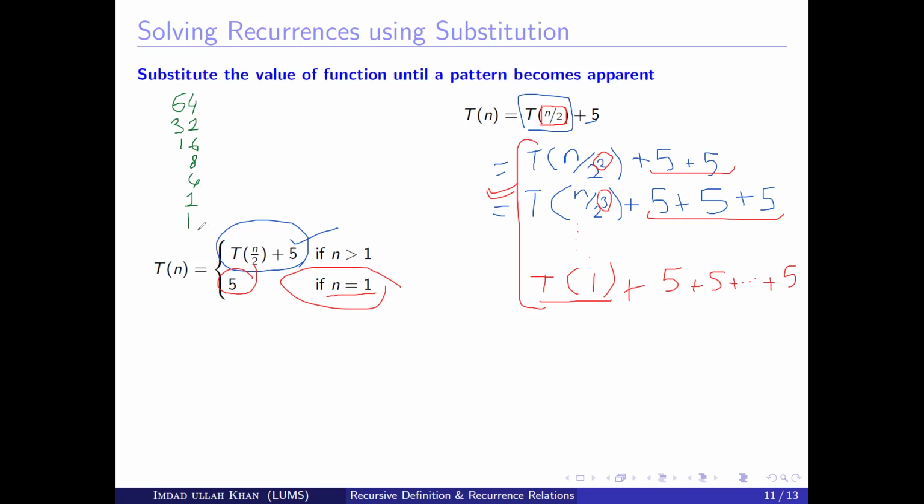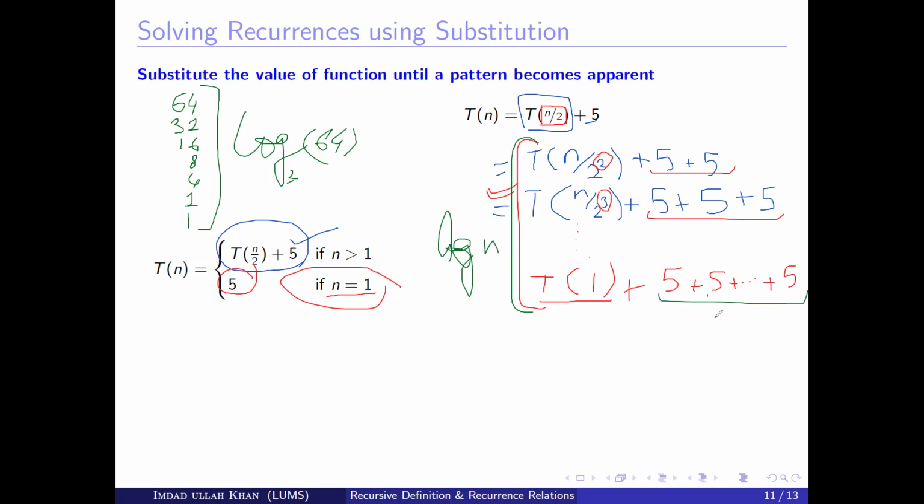So the number of cuts we made in landing down to 1 will give us the log of that particular number. So log of 64 is essentially the number of these vertical steps which we have performed, with base 2 because we are dividing by 2. If we change the denominator, we'll change the base. So the number of steps required is essentially log base 2 of n, and the same number of 5s have been added over here.